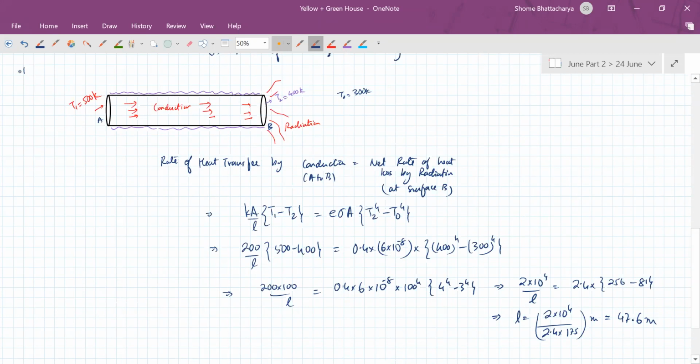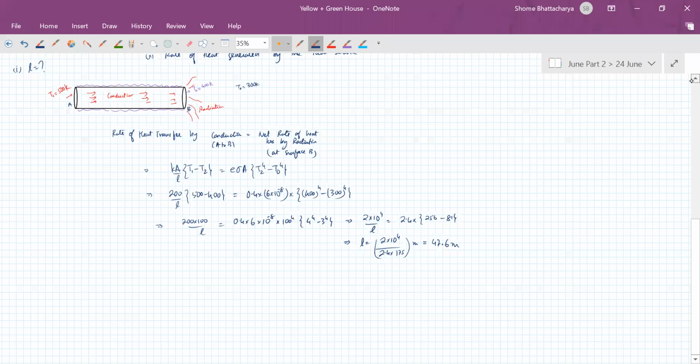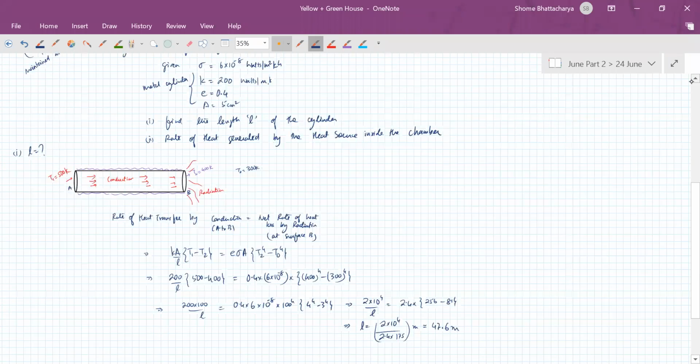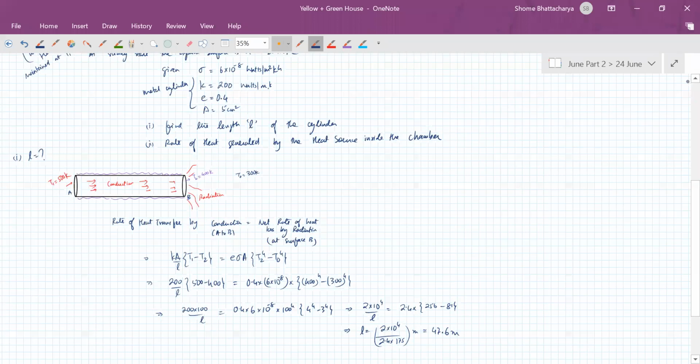So that is the first part, to find the length of the rod. The second part, we have to find the rate of heat generation by the heat source inside the thermal chamber, which is maintaining this end at a constant temperature of T1.